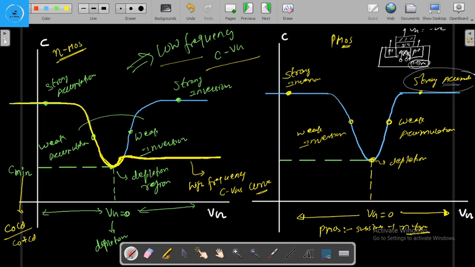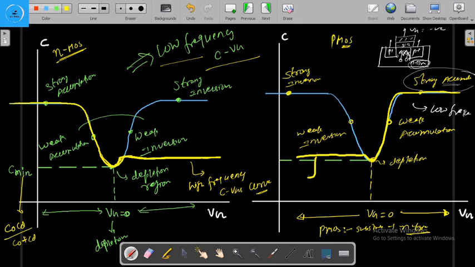So here the low frequency, this is the low frequency curve, okay. What will be the high frequency graph? The high frequency graph will be like this.